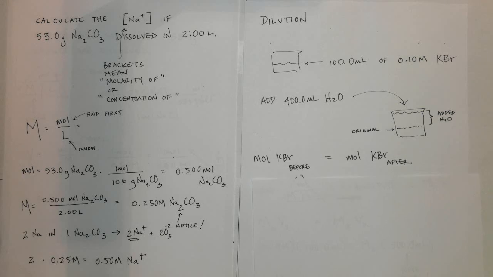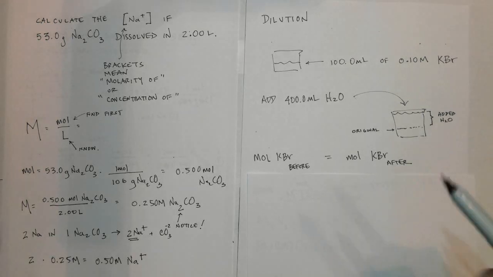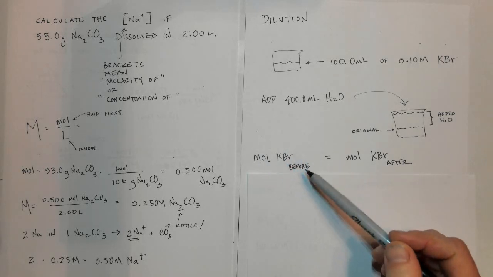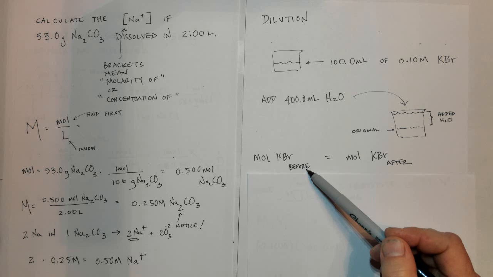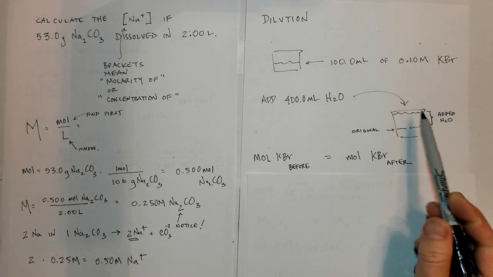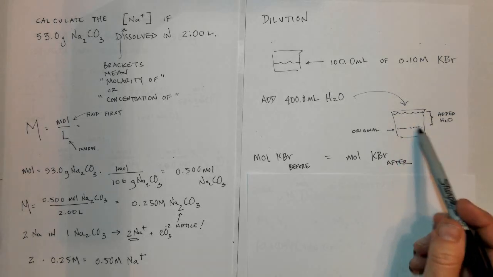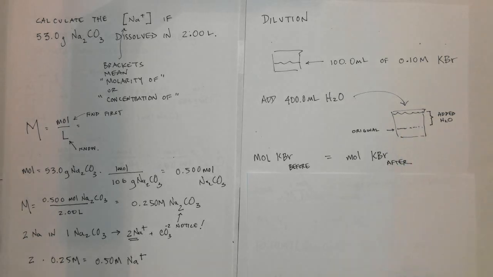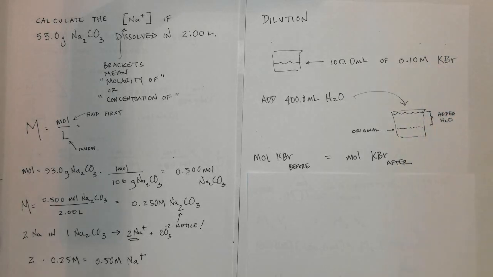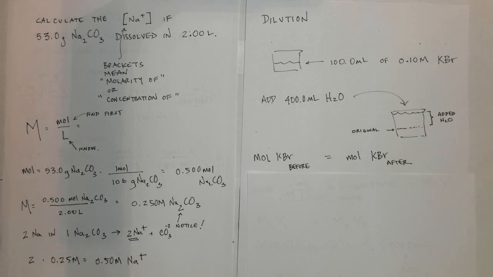So the trick to knowing how to do calculations with dilutions is realizing that the moles, or the number of particles of KBr before I added the water, is still equal to the number of moles of KBr after I added the water. Just because I added the water didn't change the number of moles of KBr in there. It changed the molarity, but it didn't change the moles that were in that solution.